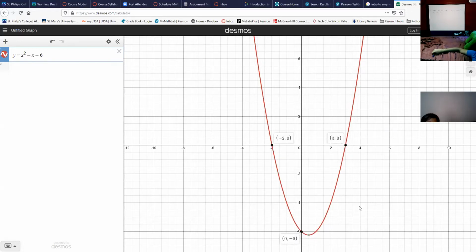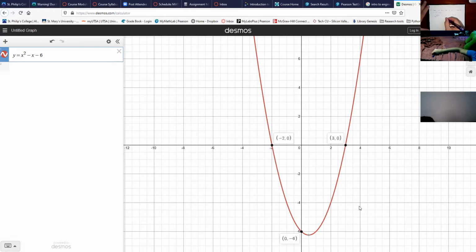So the answer would be x-intercepts (-2, 0) and (3, 0). Y-intercept, I only have (0, -6).